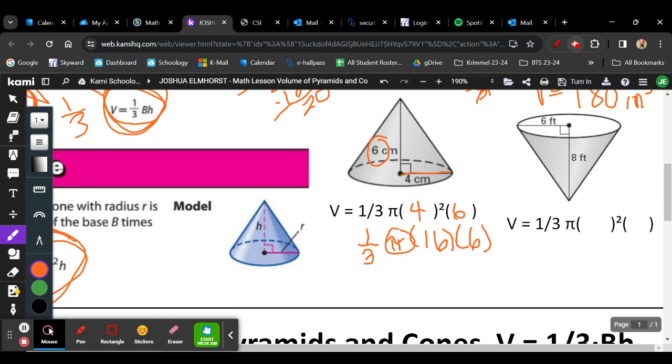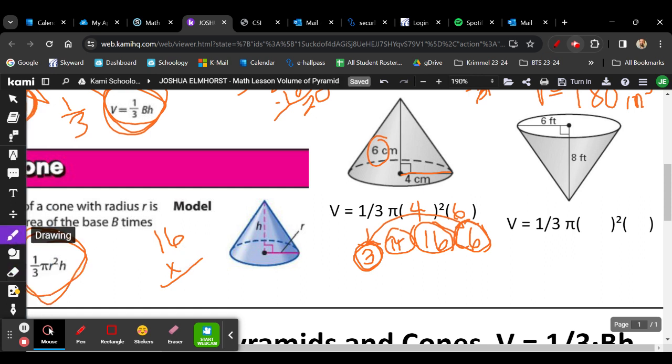I'm going to put pi on hold for right now because we can deal with the other numbers, so we don't have to deal with the decimals until the end. So we have 16 times 6 divided by 3. You could also divide the 6 by 3, and you're going to come up with the same result. 6 divided by 3 is going to be 2.